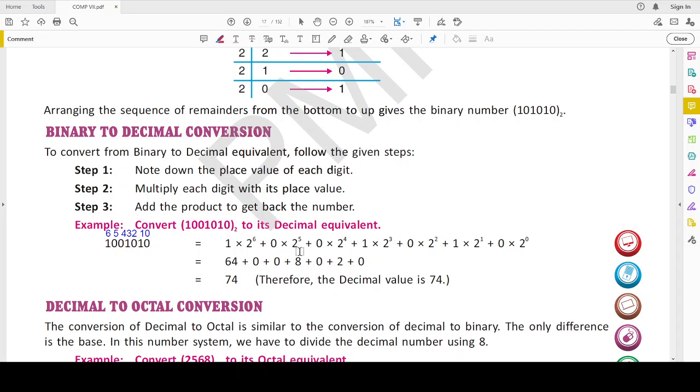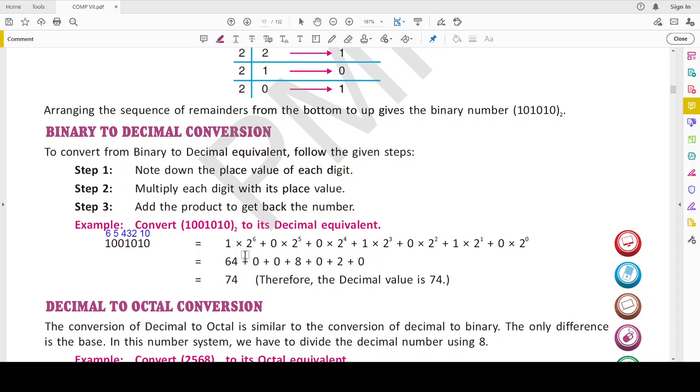Okay. So don't calculate 2 to the power 5. It is 32, it is 16, this one is 4, this one is 1. So you have 0 into those. That is 0 into 32, 0 into 16, 0 into 4, and 0 into 1. So these are zeros.